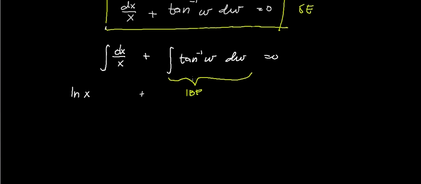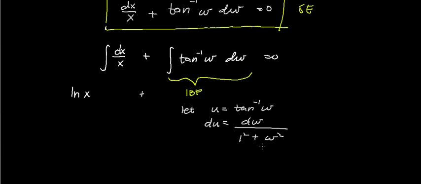Using integration by parts, let u be arctangent of w, because we know that the derivative of this is just dw over 1 plus w squared. Okay, you need to review your calculus 1 and calculus 2.